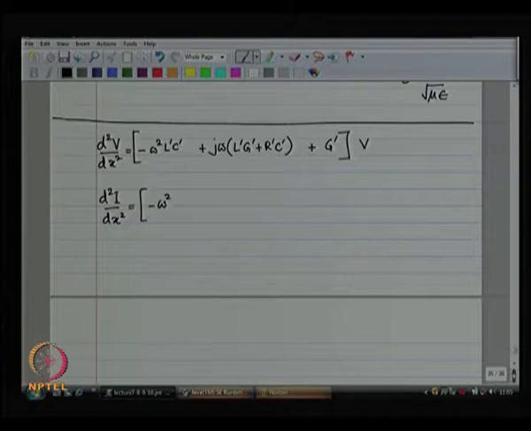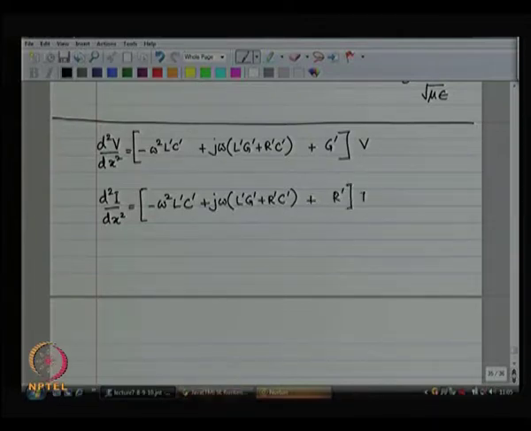Similarly, the current equation is, I am just going to replace all the inductances by capacitances, all the resistances by conductances and vice versa. Right? We have got two beautiful equations.